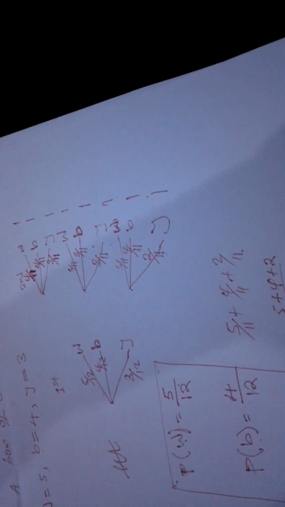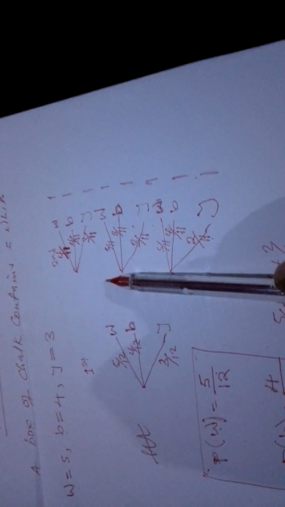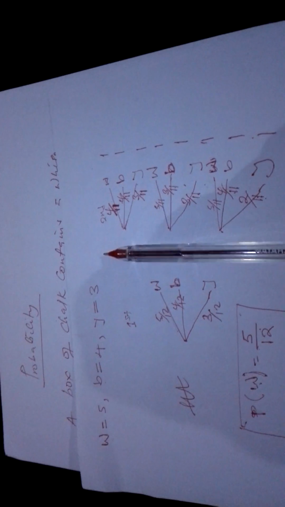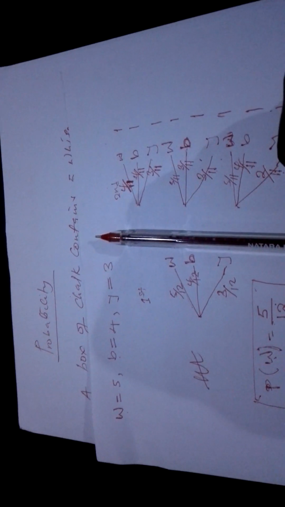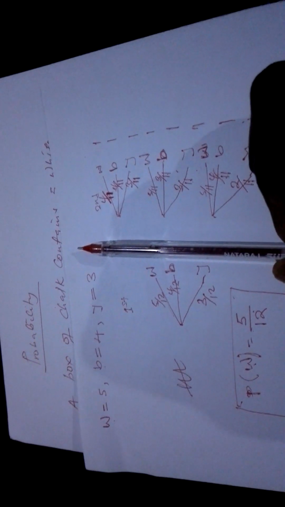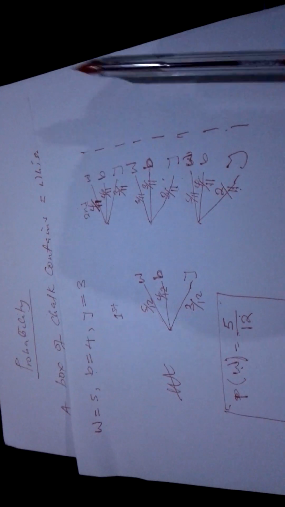So that is the procedure on the tree diagram. The spacing here shouldn't be too much. These branches were supposed to come a little bit closer to this one, but I was using a paper and it was moving, so it led me to that far. So that is about a tree diagram.